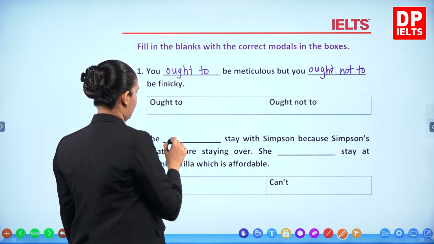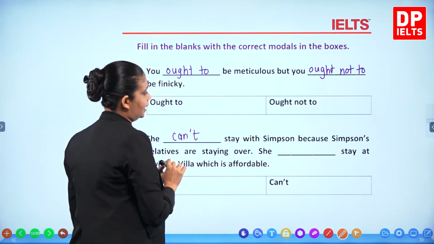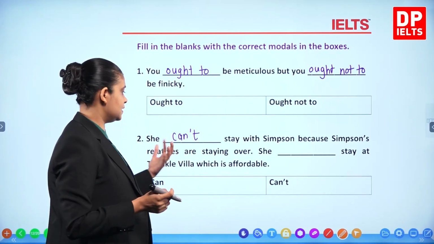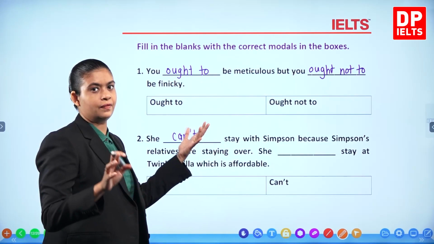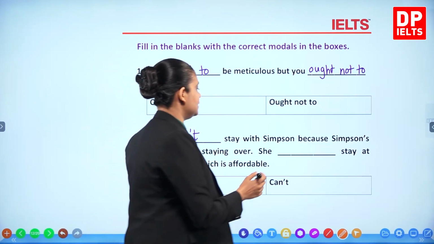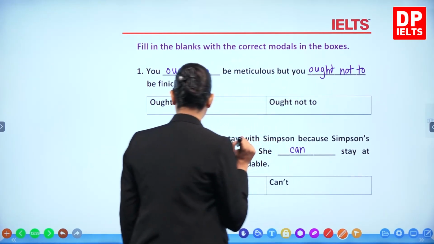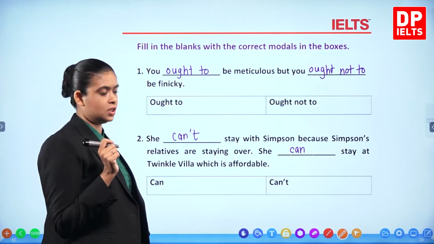She can't stay with Simpson. Why? Because Simpson's relatives are staying over. So they've come and they're staying over, so there's no room. So she can stay at Twinkle Villa, which is affordable.